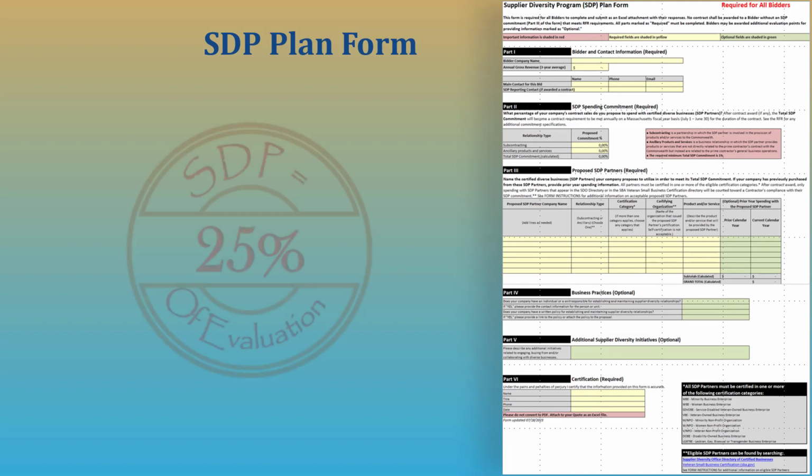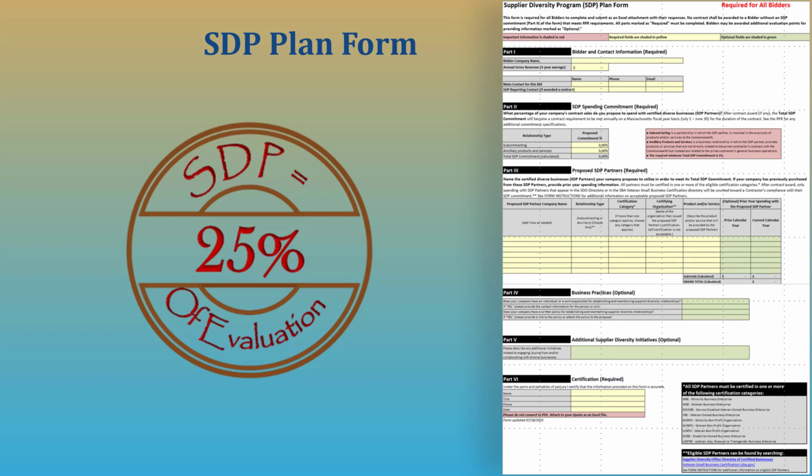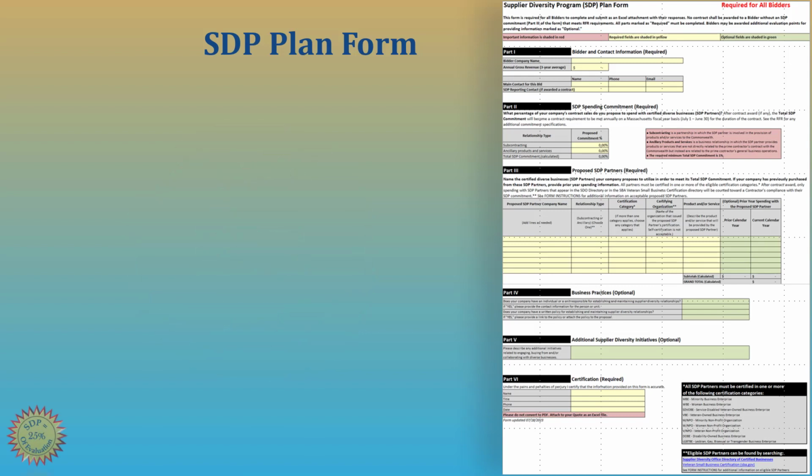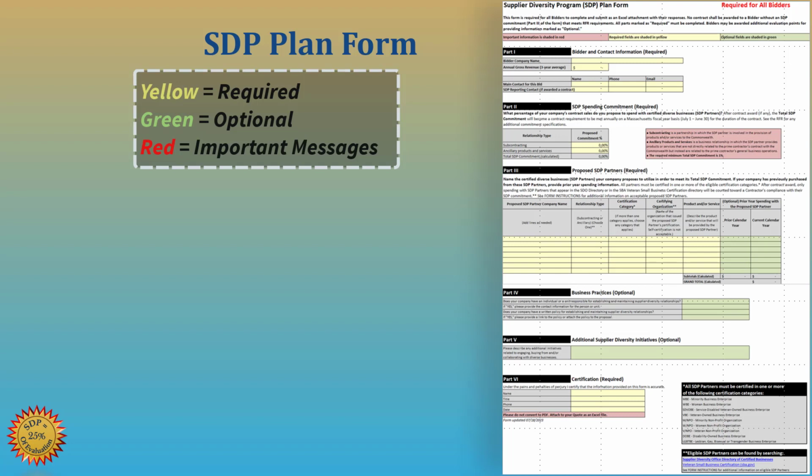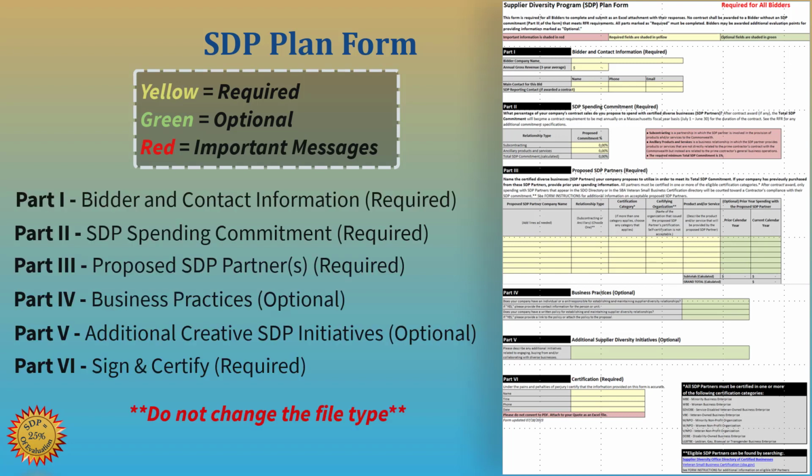Let's take a closer look at the SDP plan form so that you'll have a better understanding of what is required. This form represents 25% of the total evaluation points, so it is important you think about what to enter. Fields in yellow are required, green is optional, and important messages are highlighted in red.